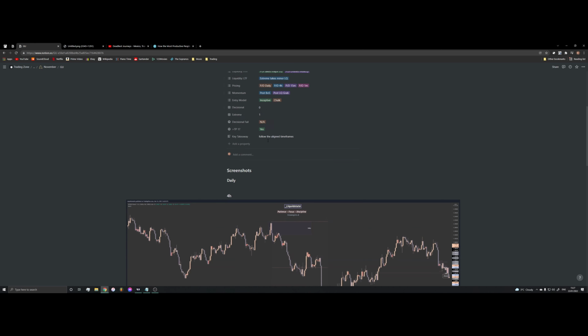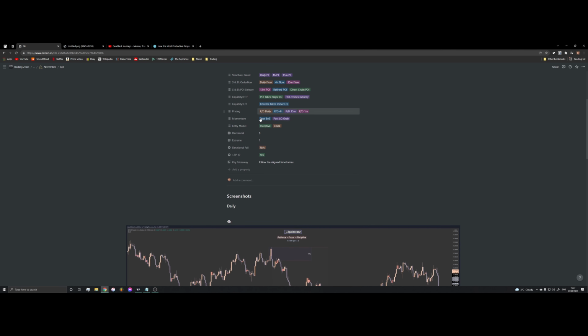Then on the low time frame, I will look at liquidity as well, which has a little bit more. I'll just run through these. If the POI doesn't have inducement on the high time frame, obviously you want to see it get taken on the low time frame before you enter. So this is what this is.